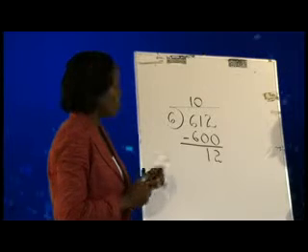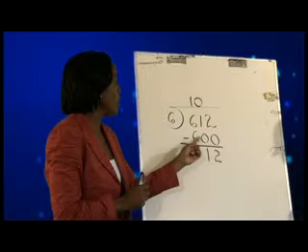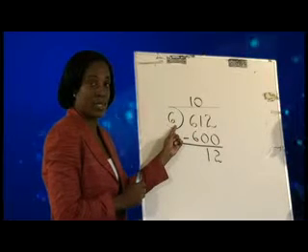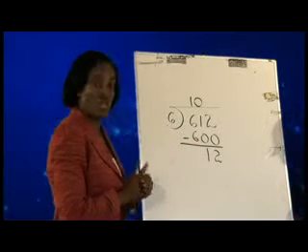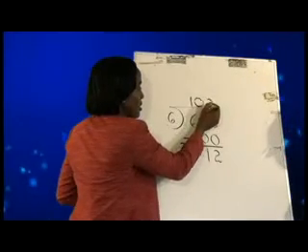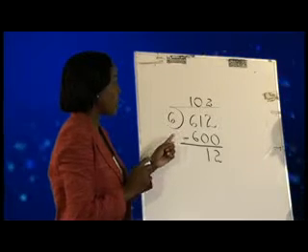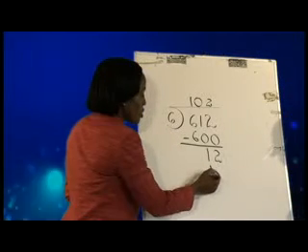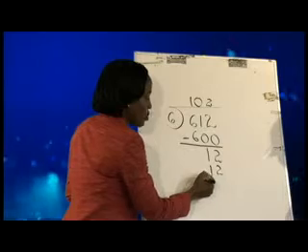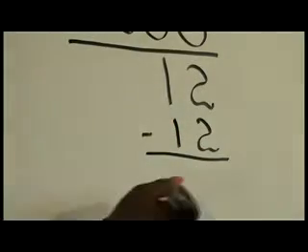Having traded, we shared 12 units equally among 6 groups. Therefore, each group would get 2 units. And we show that there are a total of 12 units that was shared. 12 from 12 leaves 0.